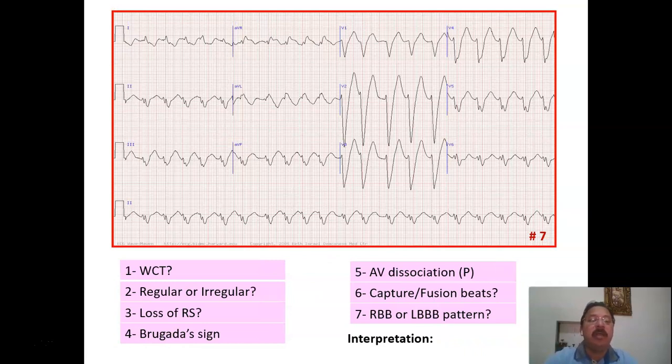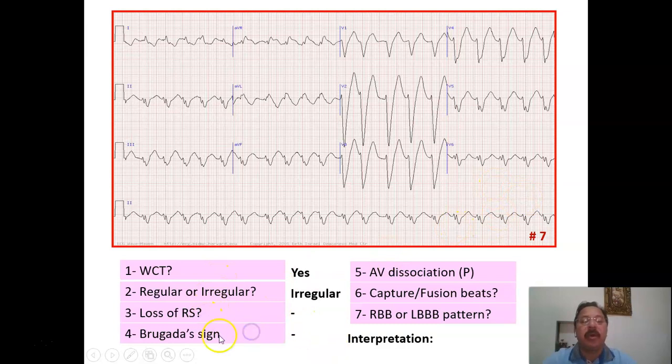Look at this ECG. Is it a wide complex tachycardia or narrow complex? The answer is wide complex. Regular or irregular? You see the RR interval is variable. So this is irregular, and we are not going to apply Brugada's algorithm. So we'll omit loss of RS, Brugada signs, AV dissociation, capture and fusion beats. But look at the morphology of the bundle branch block pattern.